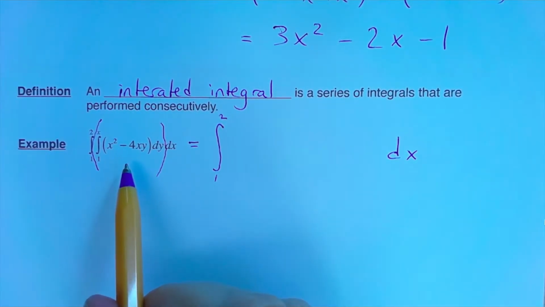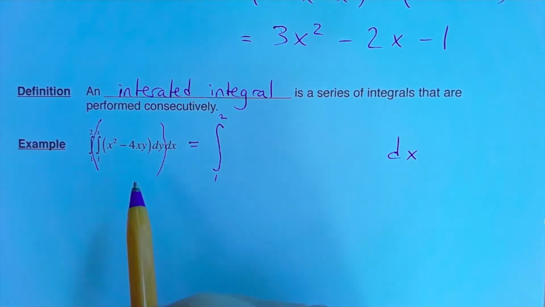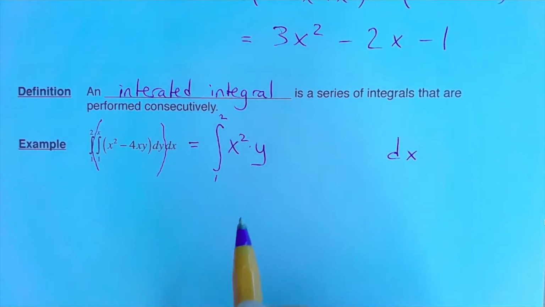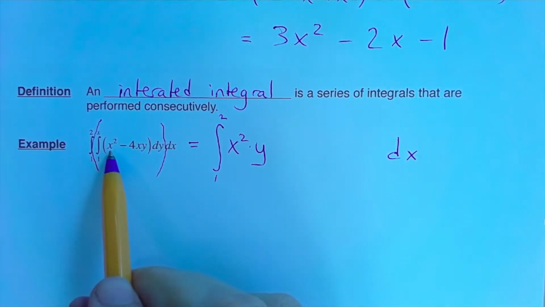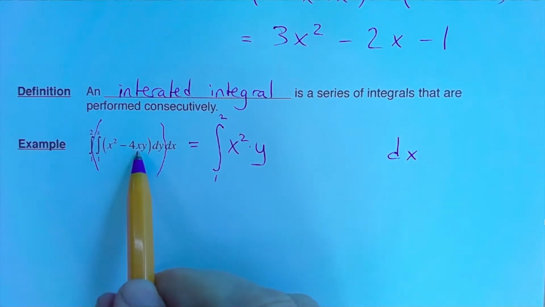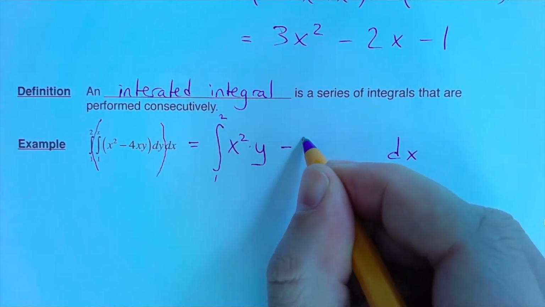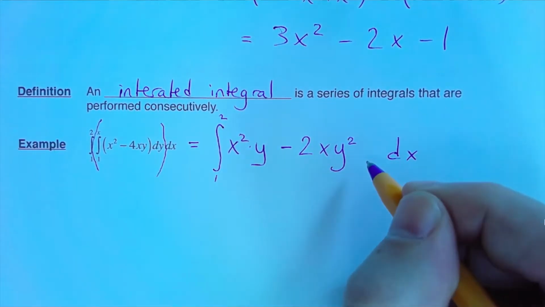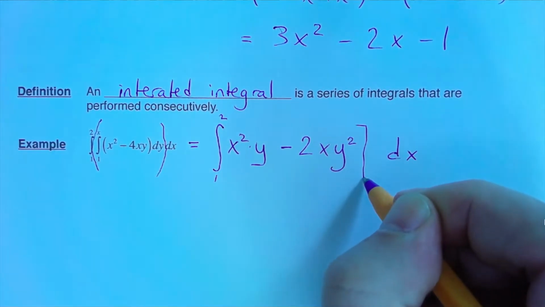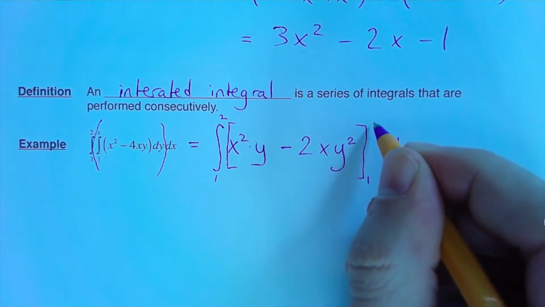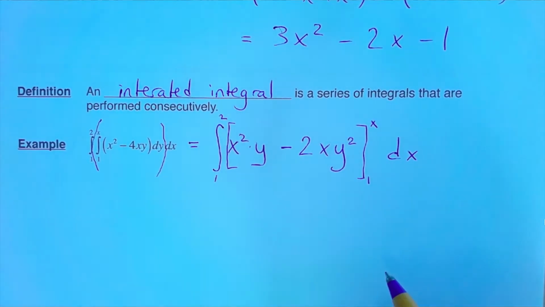So when we integrate, we can actually leave the outside as it is and focus on the parenthesis here. What's the integral of x squared in terms of y? It's x squared times y. X squared should be considered a constant. And then negative 4xy, if we integrate that, we will get negative 2x y squared. And all of this is integrated from y equals 1 to y equals x.